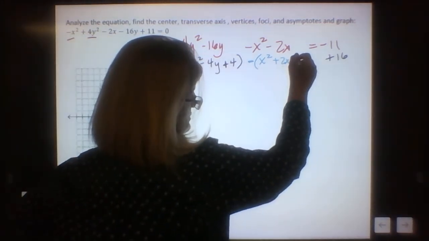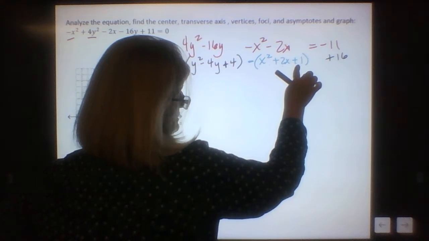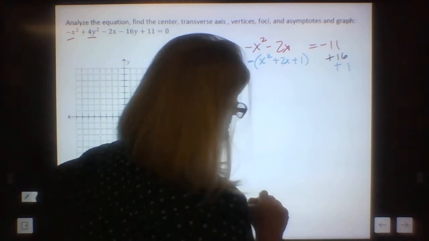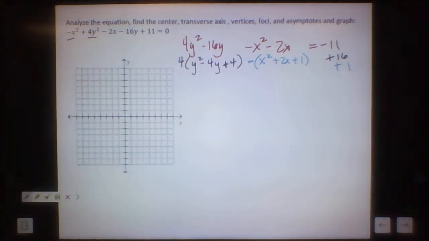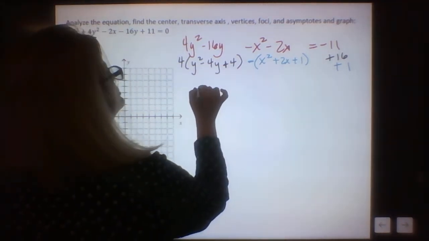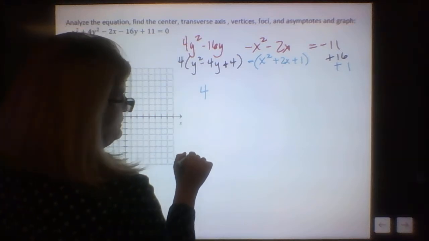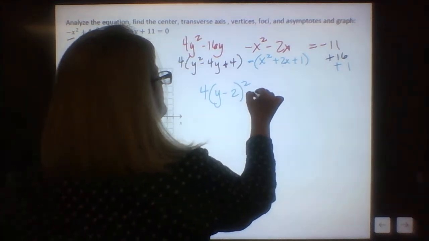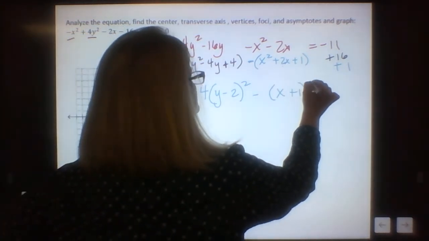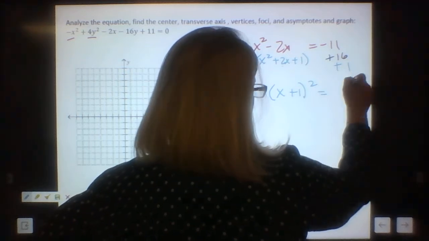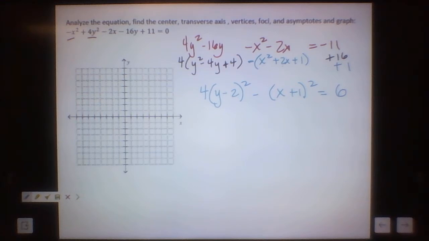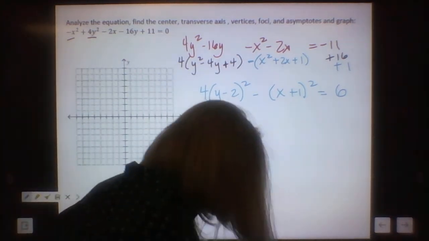Divide this by 2 and square it, so that'd be 1. And so it's a negative 1, so I'm going to add 1. And so now I should have 4 times y minus 2 squared minus x plus 1 squared equals 5 plus 1 is 6. Is that right? I don't know.